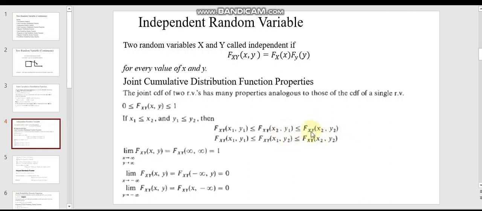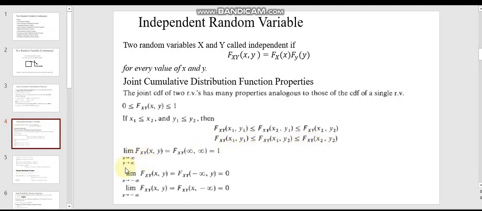So the highest CDF is for the values of x2 and y2. Similarly, the CDF of x1 and y1 is less than or equal to the CDF of x1 and y2, which is less than the CDF of x2, y2.